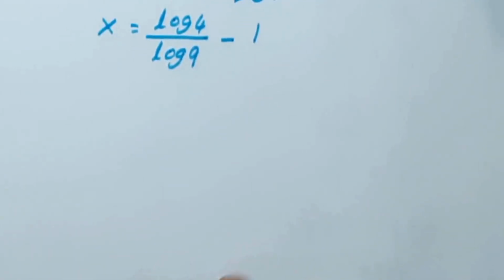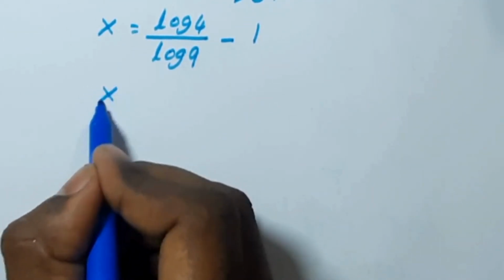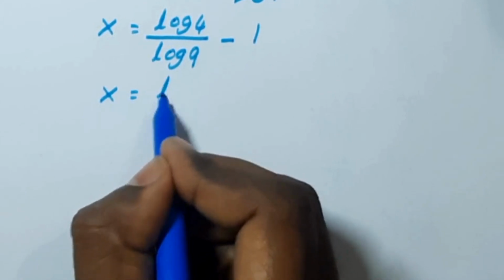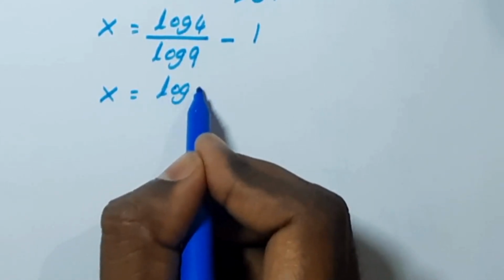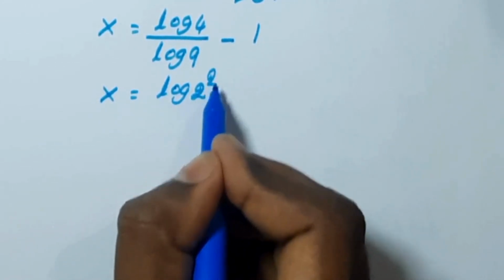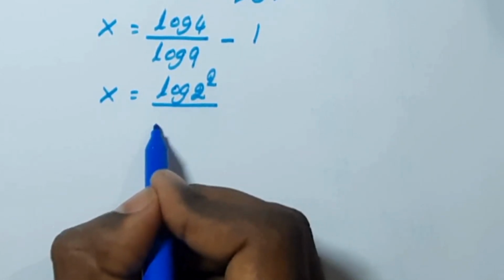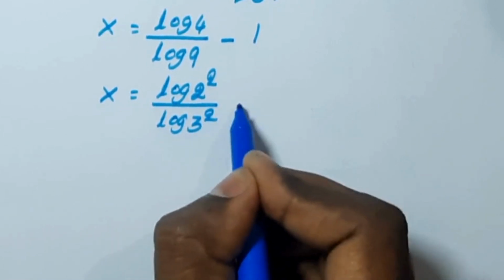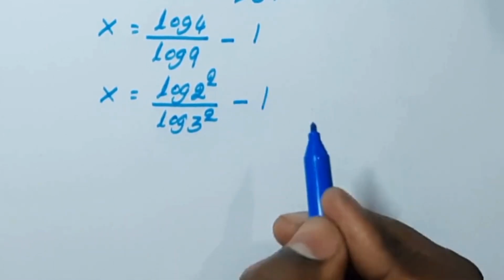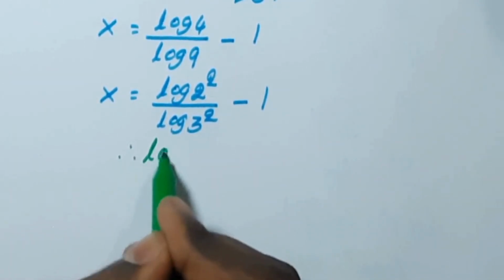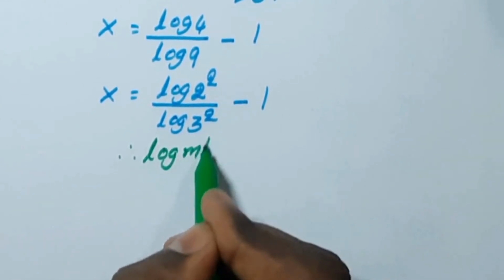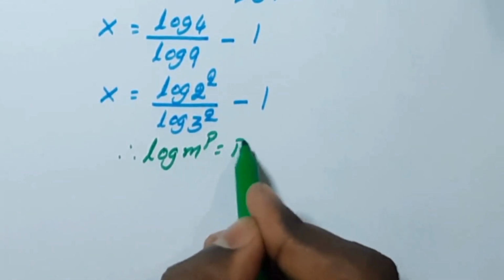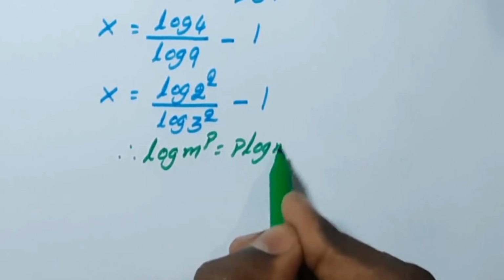Now we can rewrite this: log 4 can be written as log 2^2, and log 9 as log 3^2, minus 1. Log m^p = p log m.